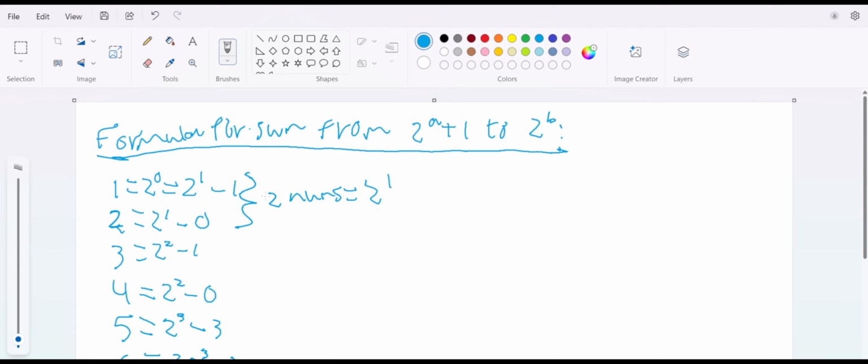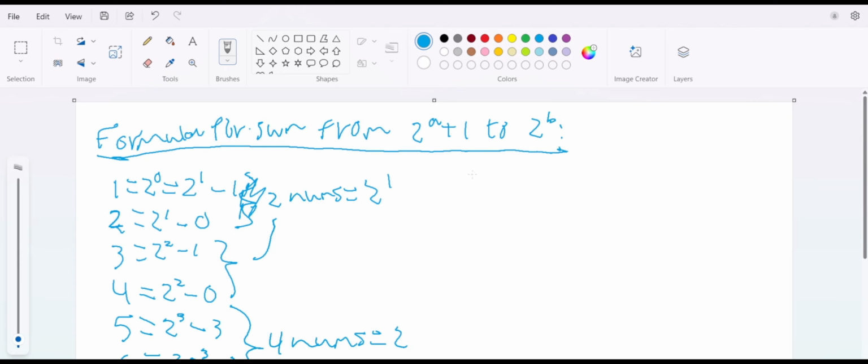Same here, two numbers. And for this, starting from 2 to the 3, we have four numbers: 3, 2, 1, 0. So that's four numbers, and that's equal to 2 to the second.